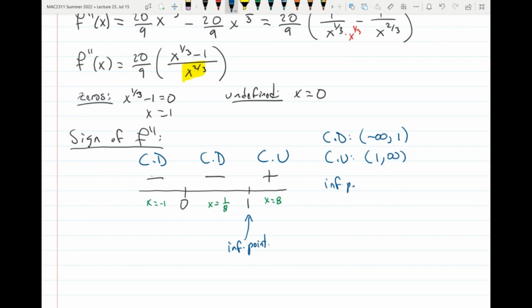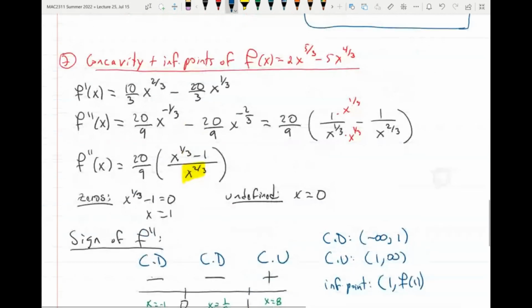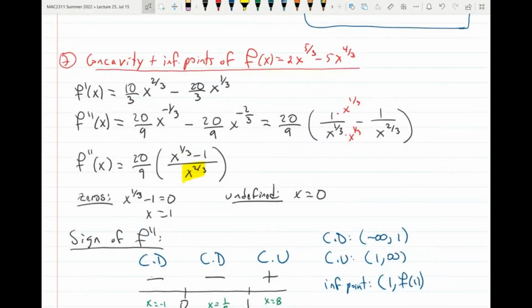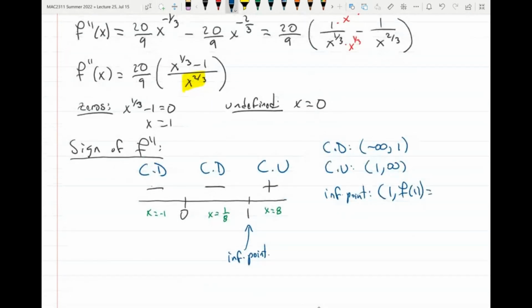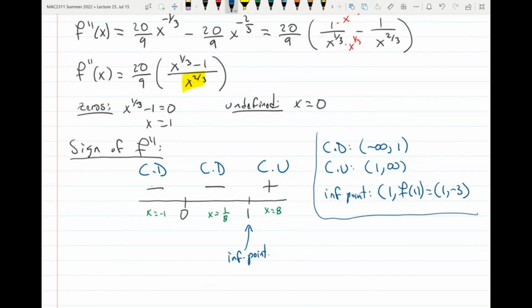And then we found an inflection point, which is the point 1 comma f of 1. Remember, always plug into the original function. If you plug in 1, we're going to get 2 minus 5, which is negative 3. So that's the point 1 comma negative 3, an inflection point, our blue box. Okay.